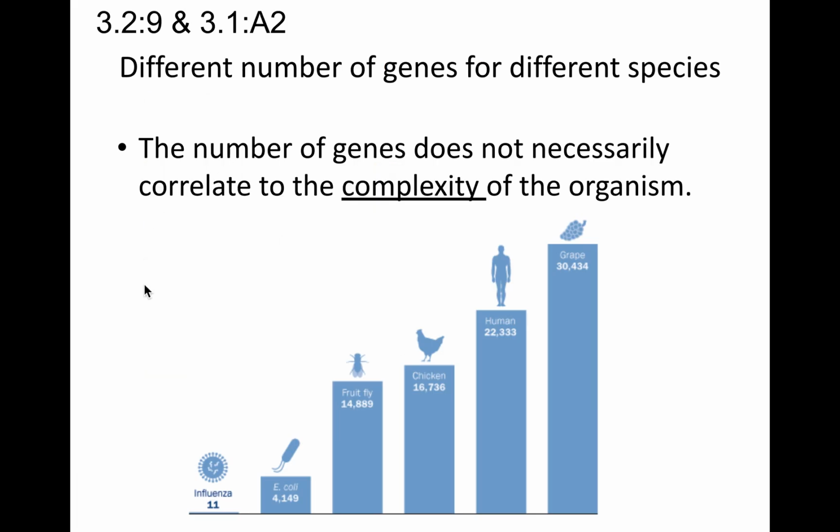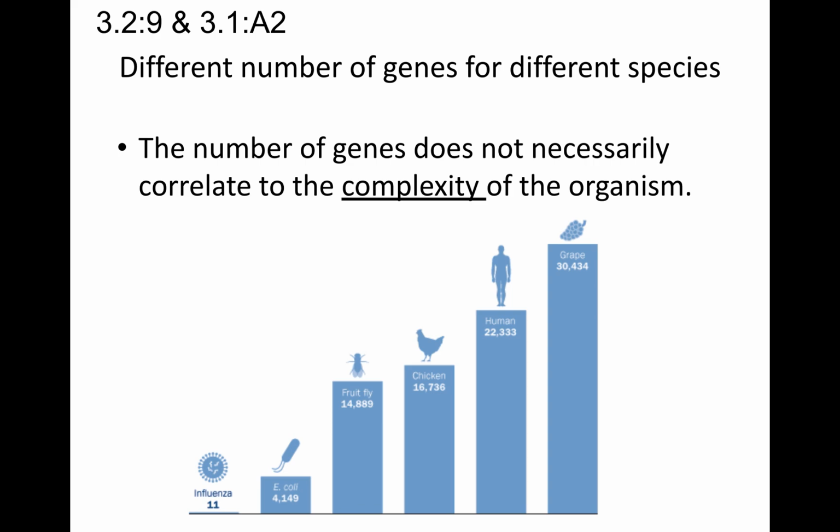One thing we have to be clear about is that different numbers of genes for different species is important. The number of genes does not necessarily correlate to the complexity of an organism. They're all a little bit different.